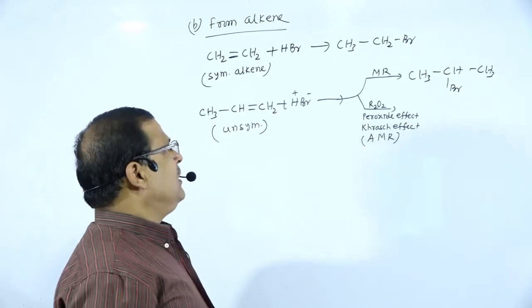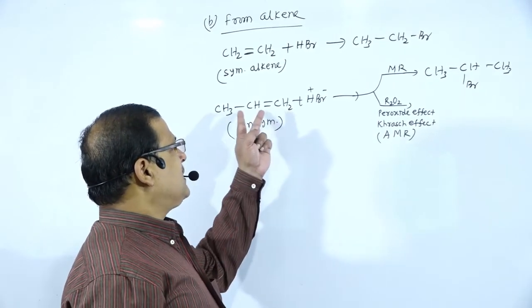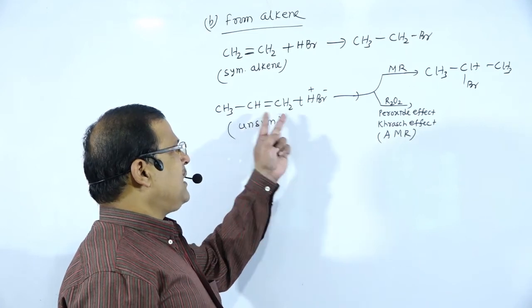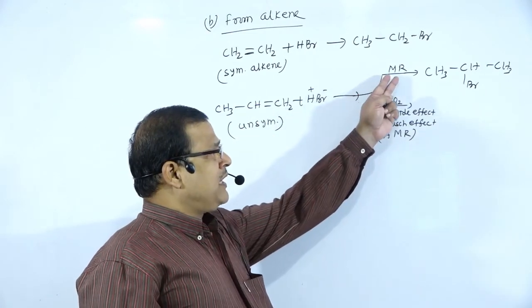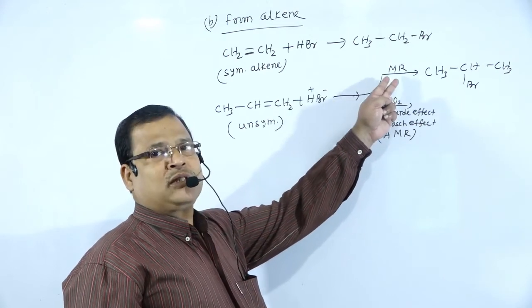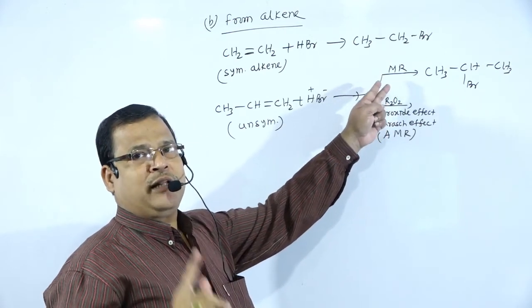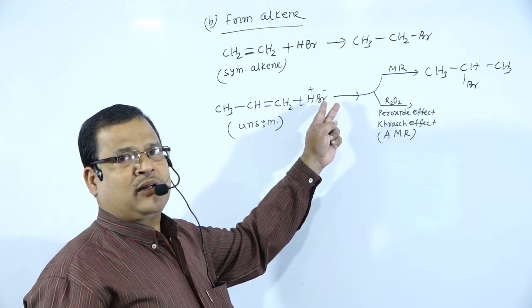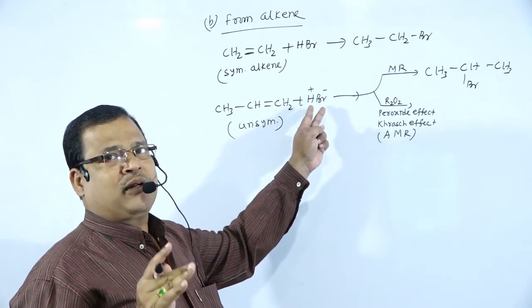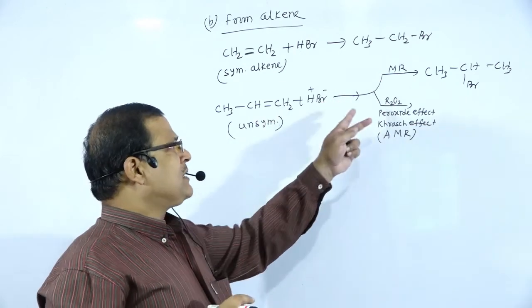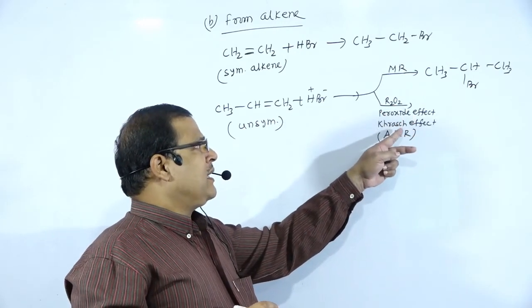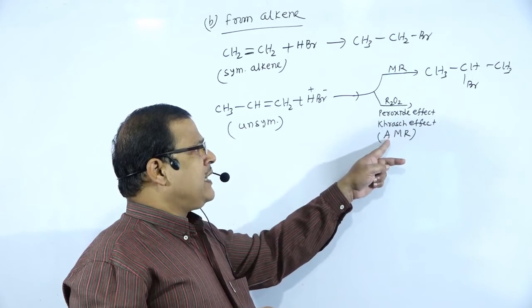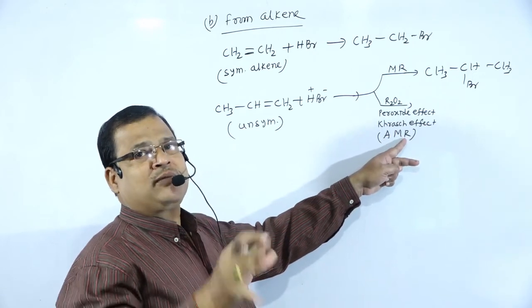Same reaction, an unsymmetrical alkene added with HBr, but in the absence of organic peroxide it undergoes Markovnikov's rule, the negative part added to the carbon atom which contains less number of hydrogen atoms. But if the same reaction is carried out in the presence of organic peroxide, then it will proceed by anti-Markovnikov's rule, the reverse of Markovnikov's rule.